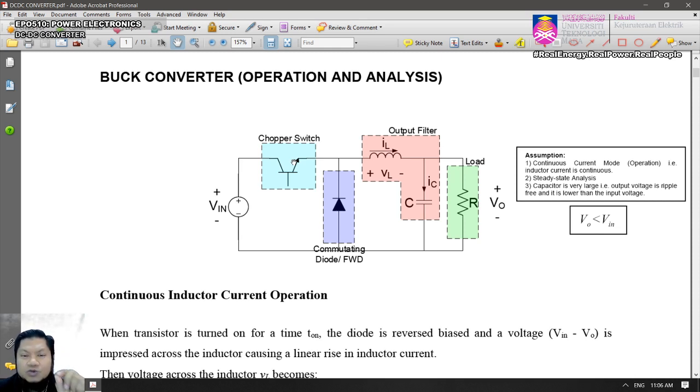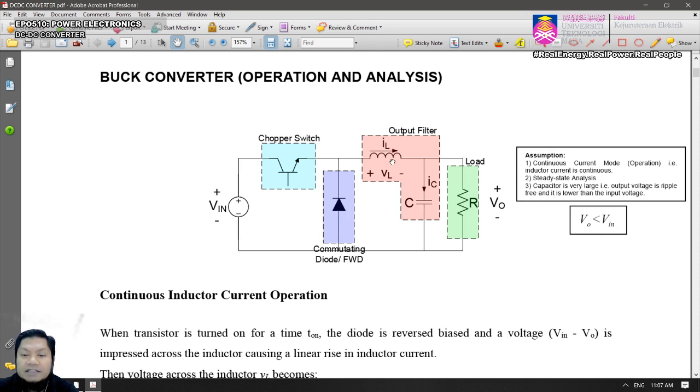You must use a controllable switch, preferably a high frequency switch, such as a MOSFET or IGBT. Then we have a freewheeling diode, or free commutating diode, and this must be a very high frequency diode. You cannot use a 50 Hz diode in this circuit.